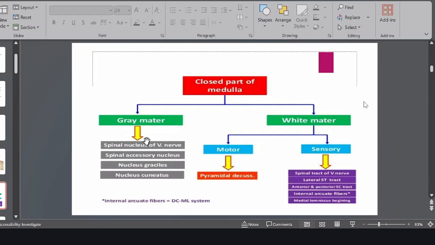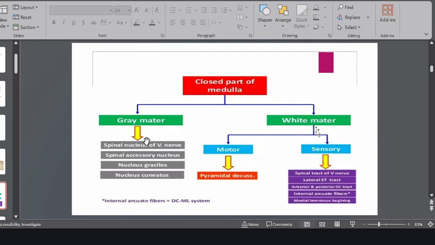We have the white matter, it has sensory and the motor. The sensory nervous system takes the information from the body to the brain, that is white matter. Then, after taking this information to the brain for interpretation, now the brain does the work of interpretation.